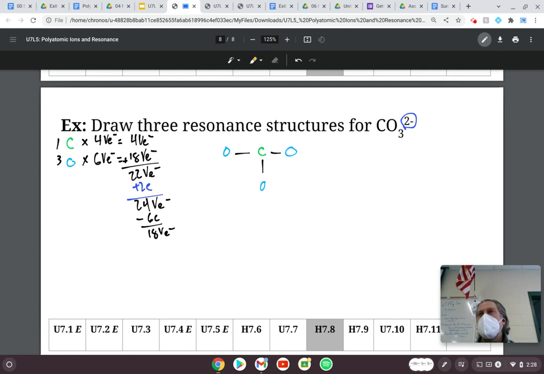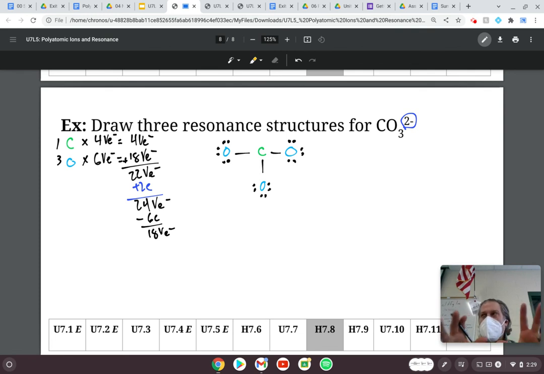I'm going to start placing electrons in pairs: 2, 4, 6, 8, 10, 12, 14, 16, 18. Each oxygen is participating in 1 bond, so 2 electrons, and 6 dots, so 8 electrons. So each oxygen has the most stable arrangement of electrons it can have.